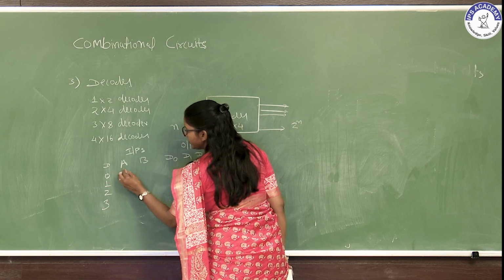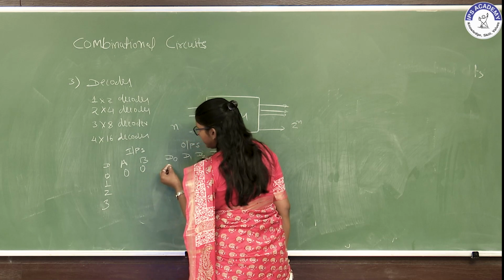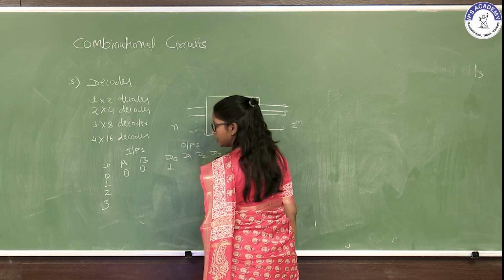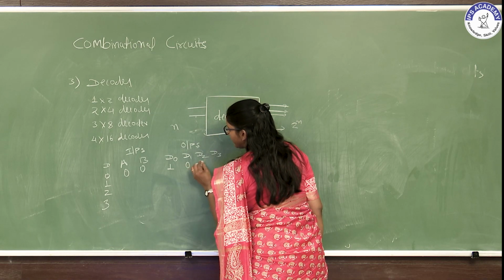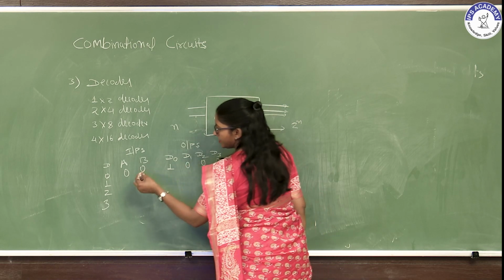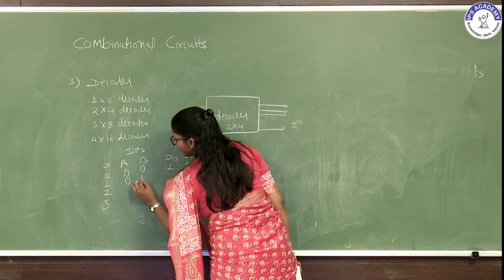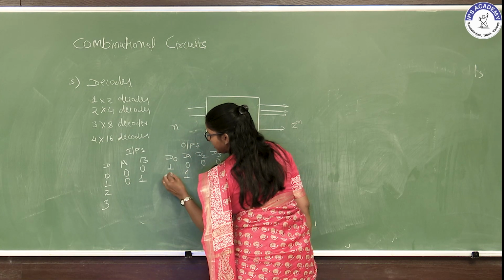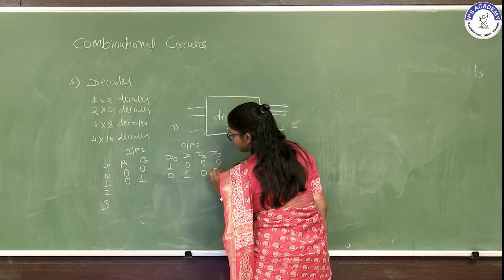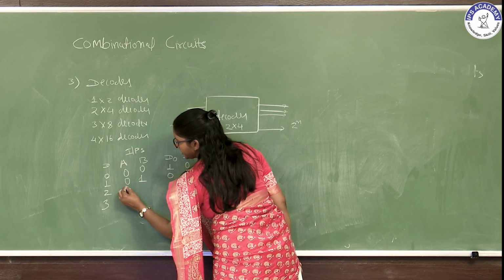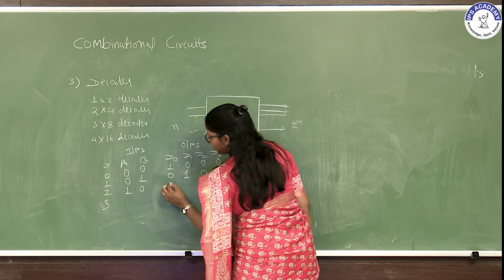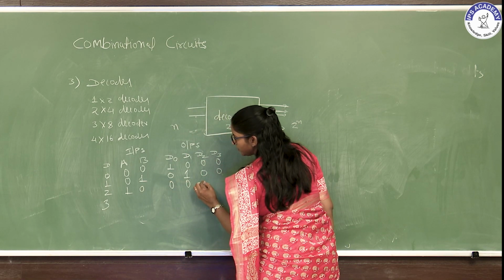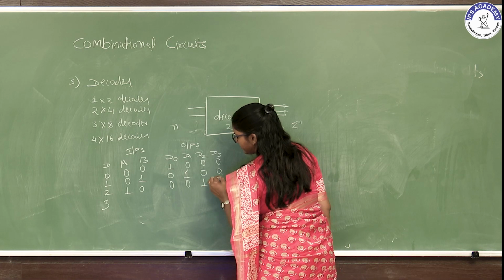So the combination will be 0 0. When this is 0 0, at that time D0 will be high, remaining will be low. Similarly, when the combination is 0 1, at that time D1 will be high, remaining will be 0. When the combination is 1 0, D0 will be 0, D1 will be 0, D2 will be high and remaining will be 0.